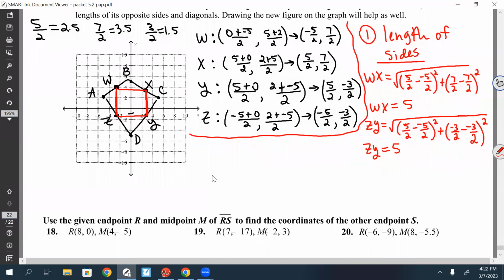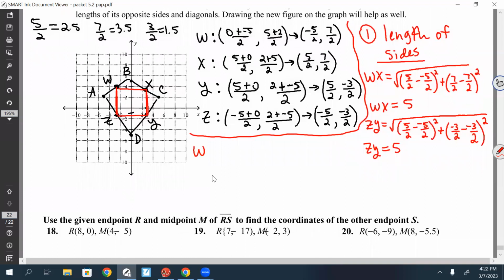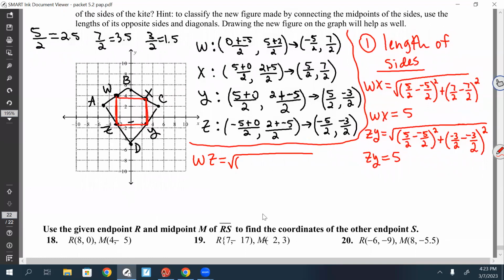So WZ, and again, it's just the distance formula many, many times over. So WZ, so again, since Z is the first point there, I start with those coordinates. So I have -5/2 minus, and then I go to W and it's -5/2.